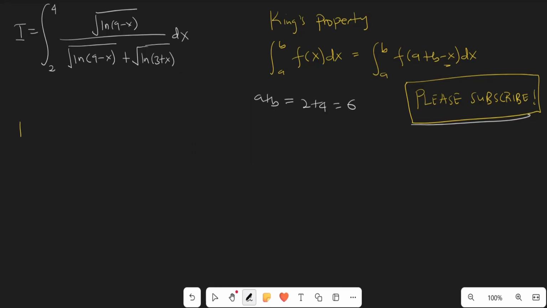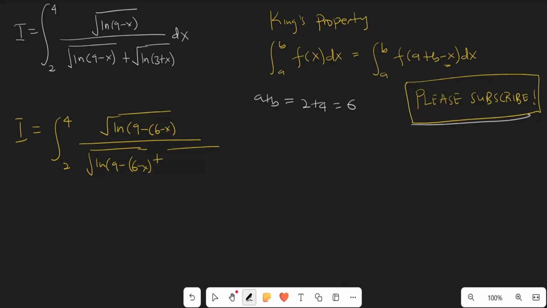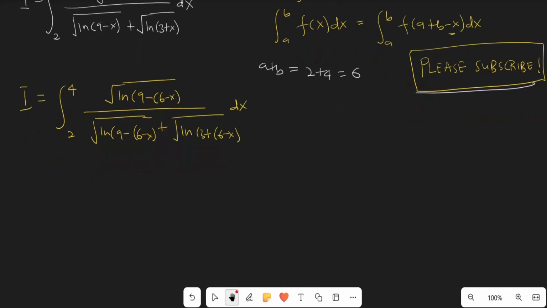So our integral transformed by the King's property is the integral from 2 to 4 of the square root of ln of 9 minus x, so x here is going to be 6 minus x, divided by the square root of ln of 9 minus x, here is 6 minus x, plus the square root of the ln of 3 plus x, x is 6 minus x dx.